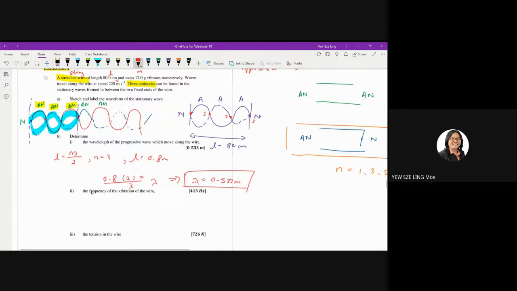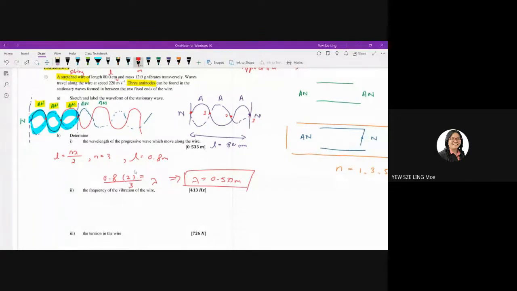Okay, next one, the frequency of vibration of the wire. Now you want frequency. What is the equation that contains frequency? When it comes to applications of stationary waves, there's only one equation that comes with frequency, which is v equals f lambda.